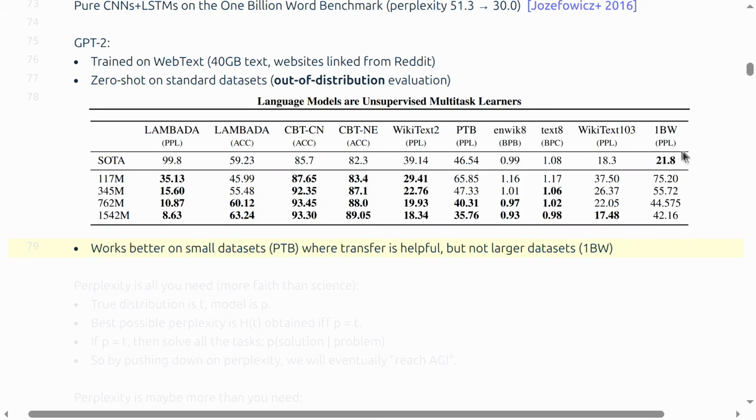Now, if you have enough in-distribution data, you don't quite do as well as the SOTA. But nonetheless, this is kind of impressive given that this model was not trained on the 1 billion word data set at all. Maybe there was some overlap, I don't know if they did a careful train-test decontamination.